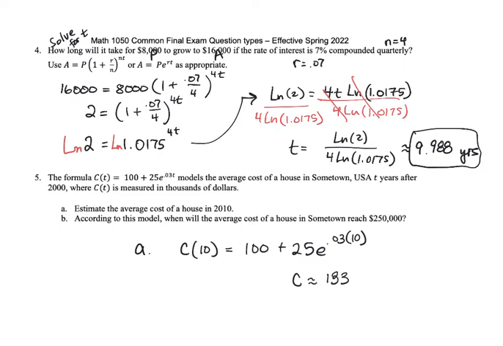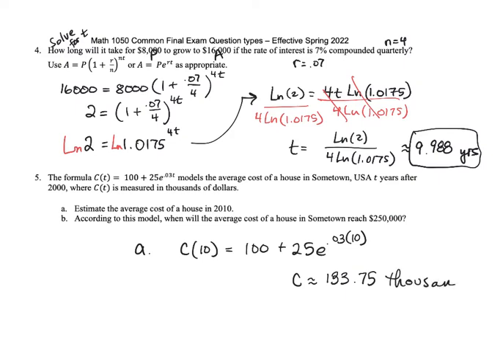Well, we do need to clarify this because there's a little clarifier at the very end of the description where C of t is measured in thousands of dollars. So it's not saying that the cost is 133. It's 133,000. You following that? What would be the best way to represent this? 133.75 thousand.